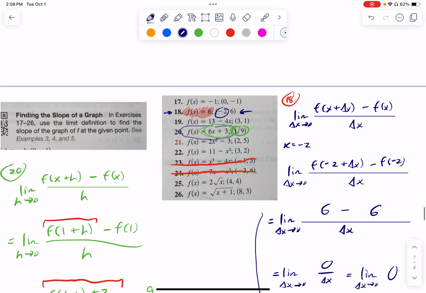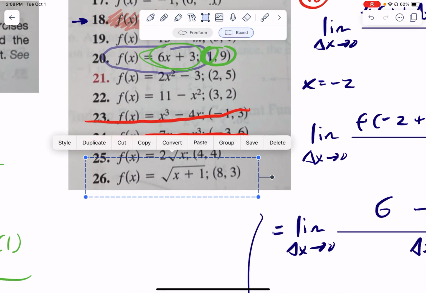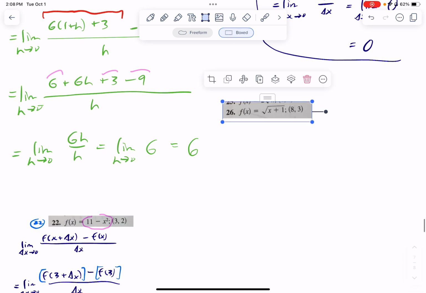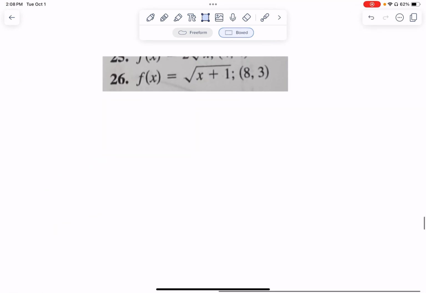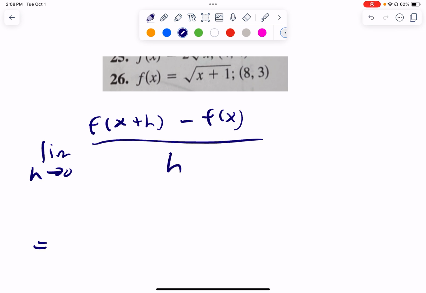The last one in this group was number 26. I will write the generic formula. I will plug in my specific value of x.